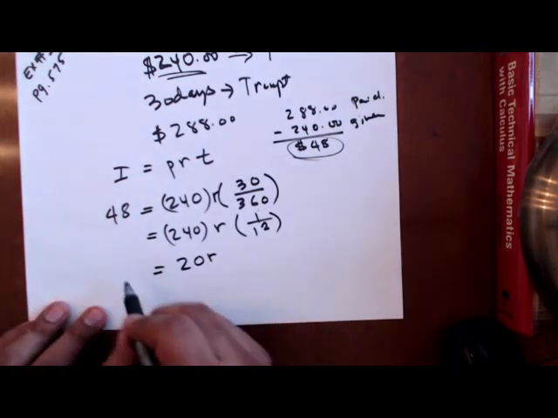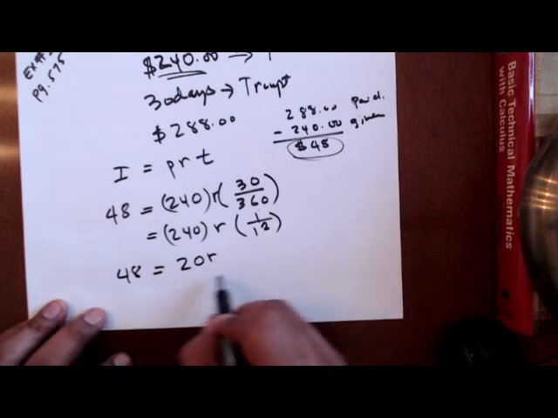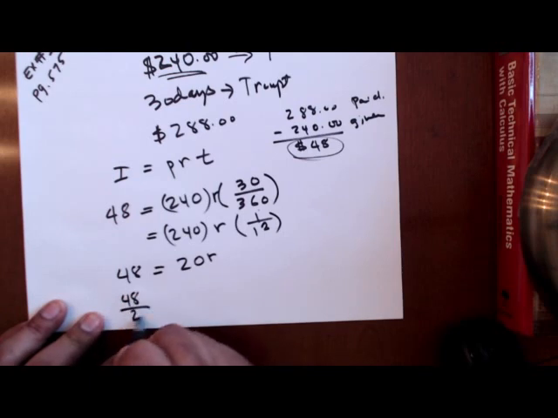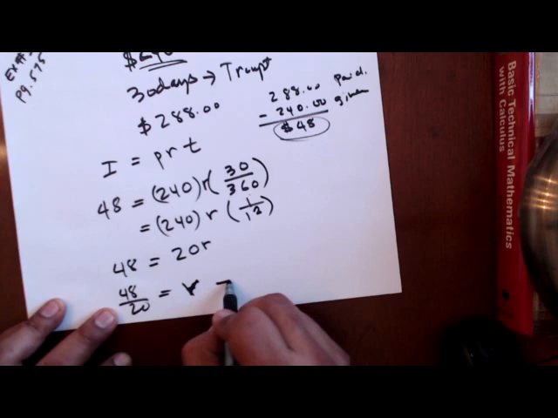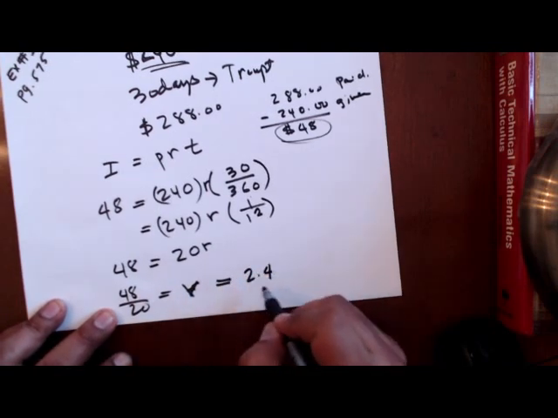So 20R is equal to 48. Dividing everything by 20, we get that R is equal to that, right? And that number is equal to 2.4.